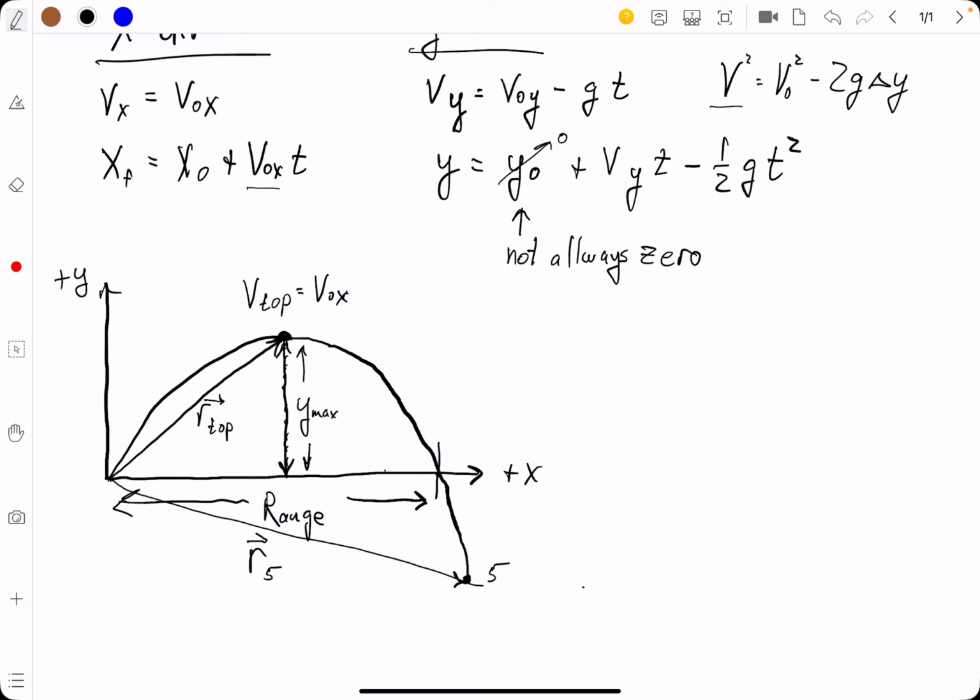So let me give you an equation for the position, we're talking about our position, so let's do our top.